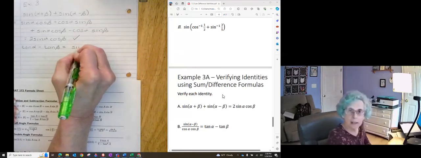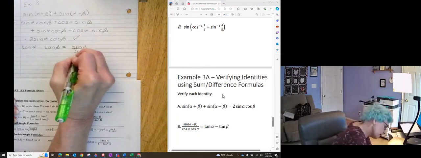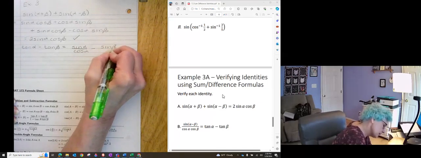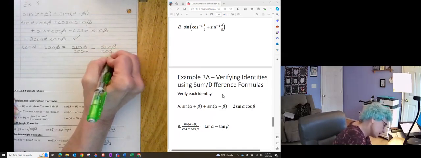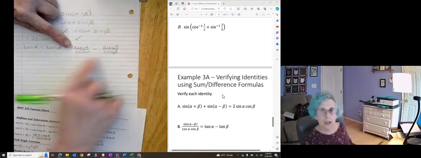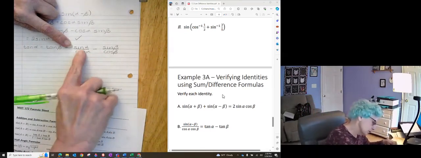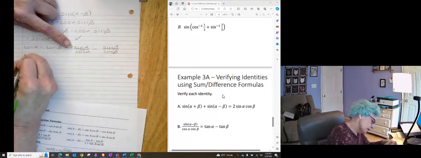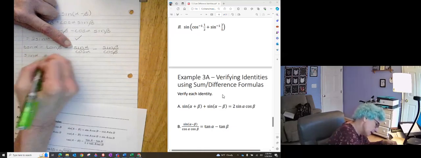Because that way I can write tangent of alpha as sine alpha over cosine alpha minus sine beta over cosine beta. And now I'm going to get a common denominator. So I have to multiply this one by cosine beta.